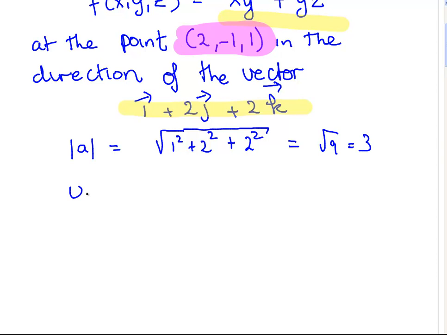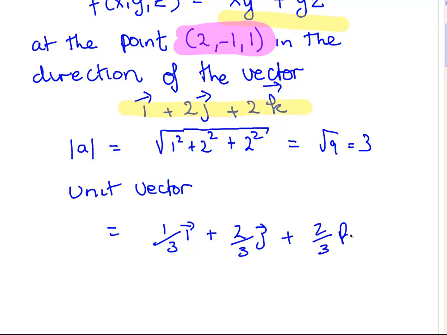So the unit vector there is equal to 1/3 i plus 2/3 j plus 2/3 k.